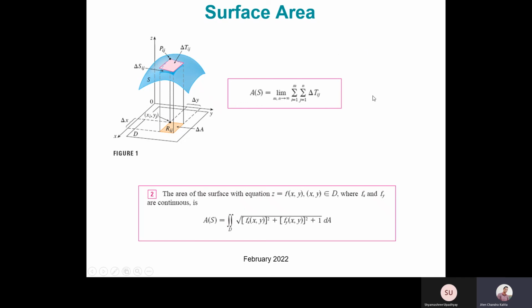So I have already explained to you all the underlying facts. Then you know that the area of this surface S is simply the sum of the areas of those small tangent planes, and eventually that is going to lead you to the area of the surface with equation z equal to f(x, y). And again, as I have told you, fx and fy have to be continuous. It is simply given by this.